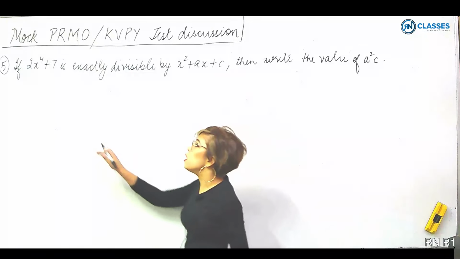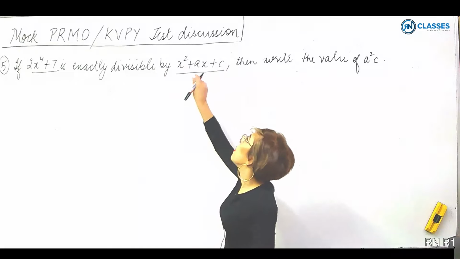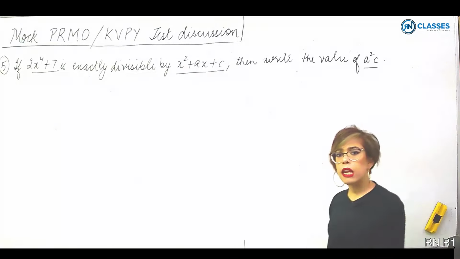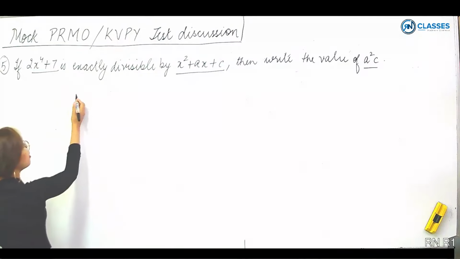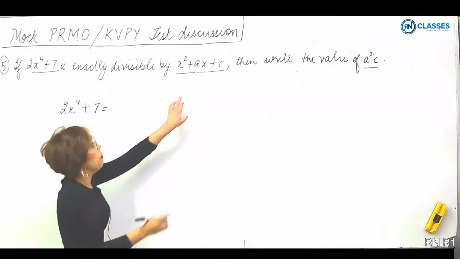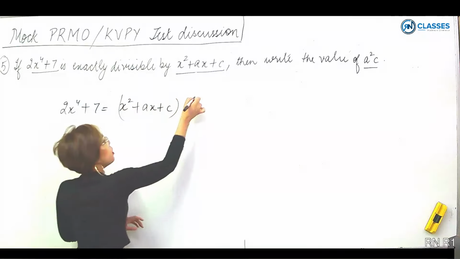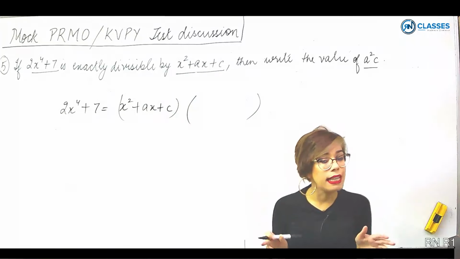Now he says if this polynomial is exactly divisible by this polynomial, then write the value of a square c. The polynomial is exactly divisible by this, so this is my dividend, 2x raised to power 4 plus 7. If I divide this by x square plus ax plus c, I would get some quotient, and the remainder would be 0 because the polynomial is exactly divisible.